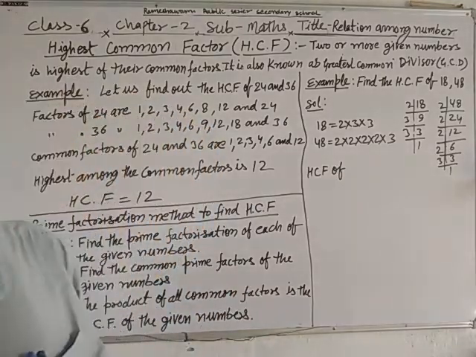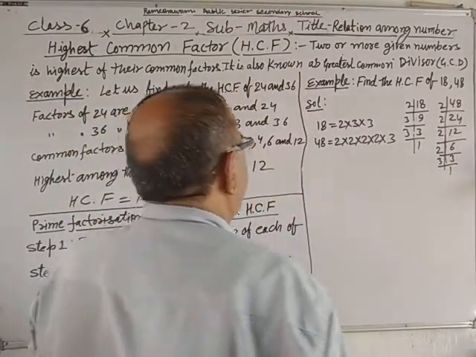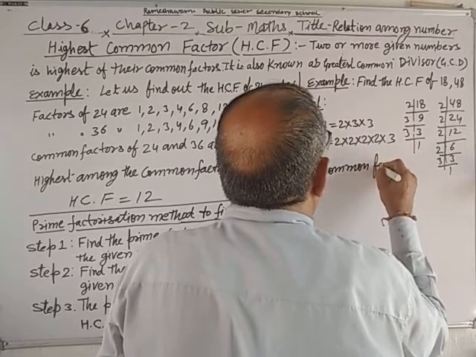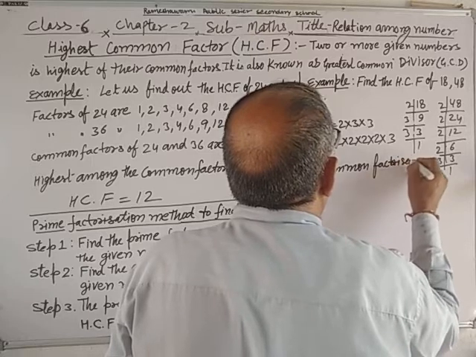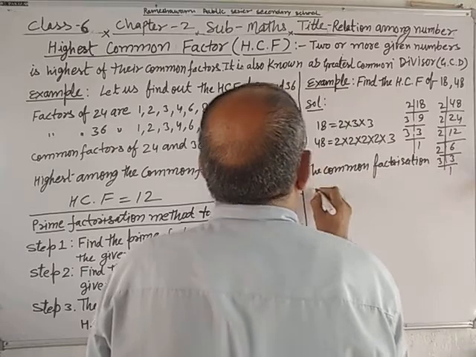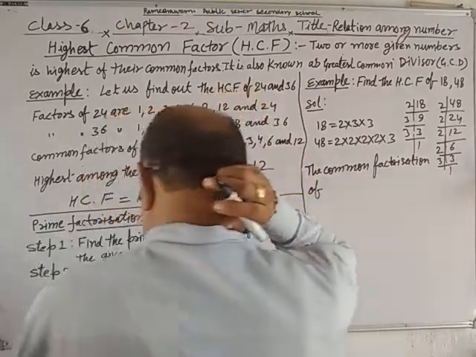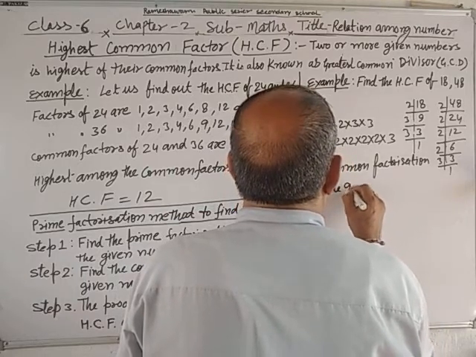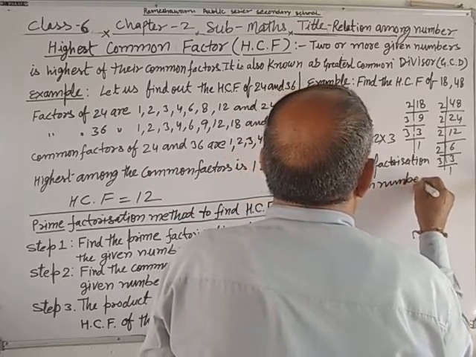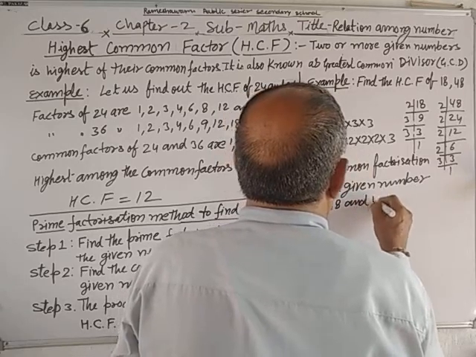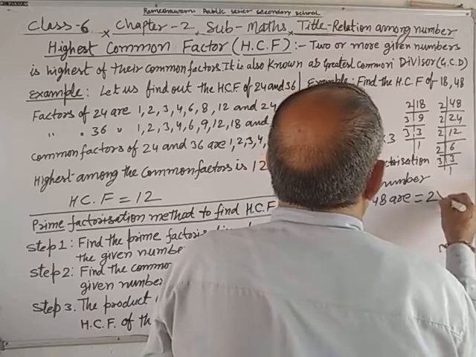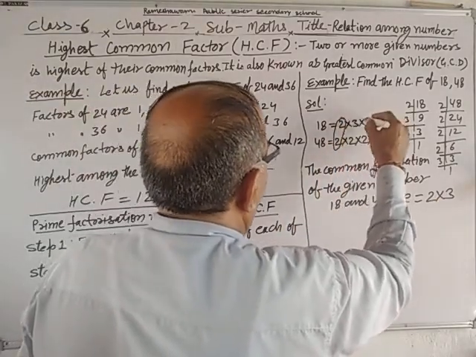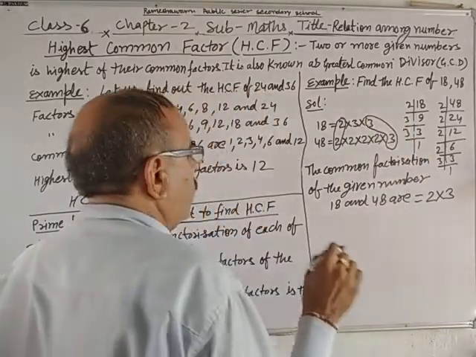The common prime factors of the given numbers 18 and 48 are 2 and 3. 2 and 3 are the common prime factors.